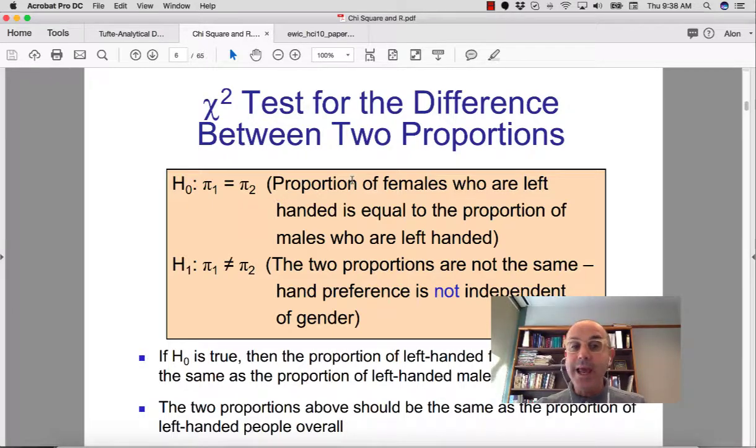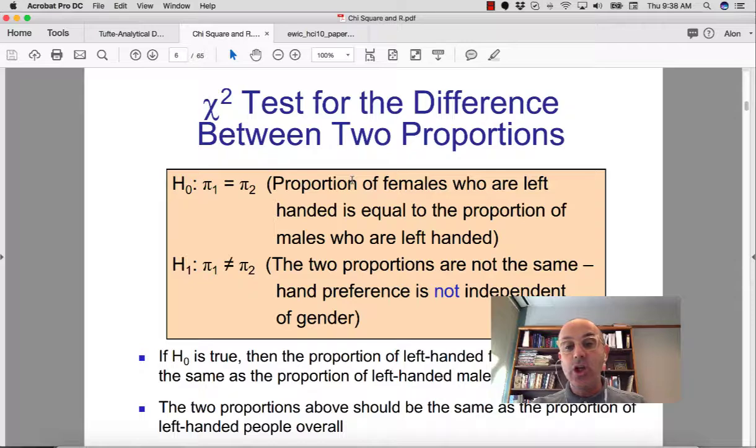And so what we have done is we are applying hypothesis testing, where the null hypothesis is that the proportion of females who are left-handed is equal to the proportion of males who are left-handed, and the alternative hypothesis is that the two proportions are not the same.